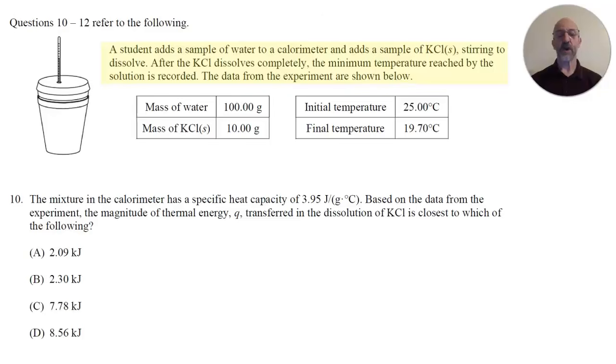So question 10 says the mixture in the calorimeter has a specific heat capacity of 3.95 joules per gram degree Celsius. Based on the data from the experiment, the magnitude of thermal energy, Q, transferred in the dissolution of potassium chloride is closest to which of the following?